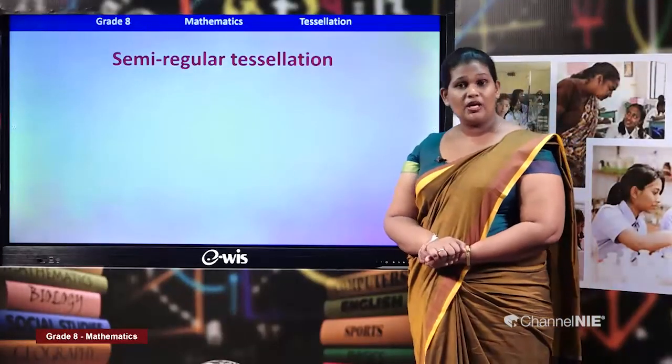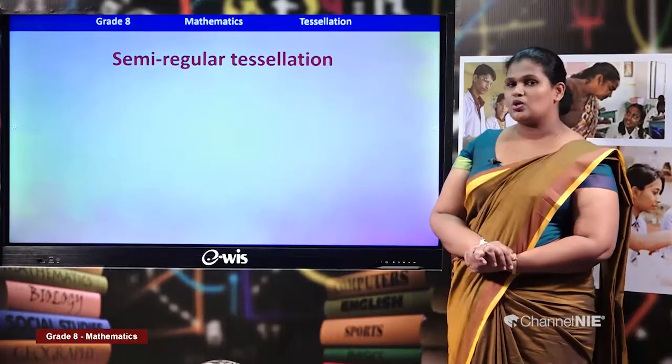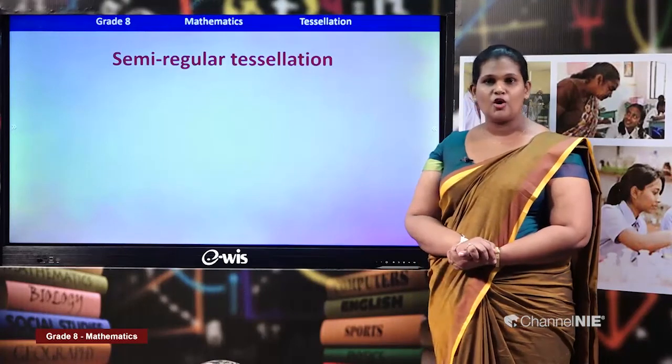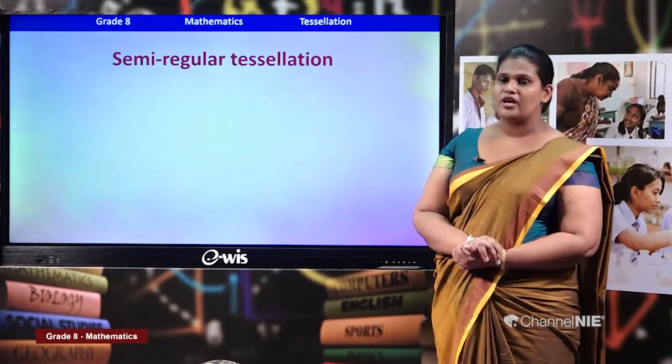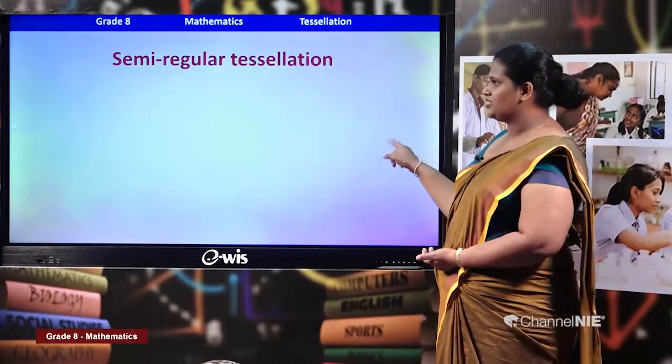Right. Now, we will quickly move on to semi-regular tessellations. Here also, we are going to use only regular polygons, but this time we are going to use 2 or more regular polygons to construct semi-regular tessellations.